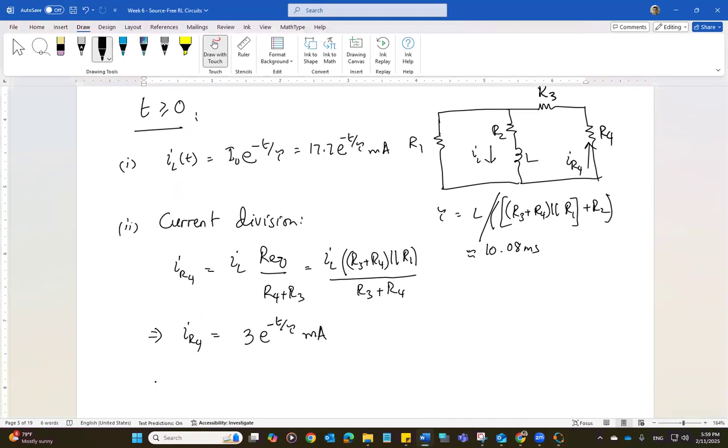And since we know the current, the power equation in R4 is IR4 squared times R4, 9 times R4, 3 squared is 9, 9 times R4, e to the power negative 2t over tau, and then milli, you take the square of milli, is going to become micro watt.